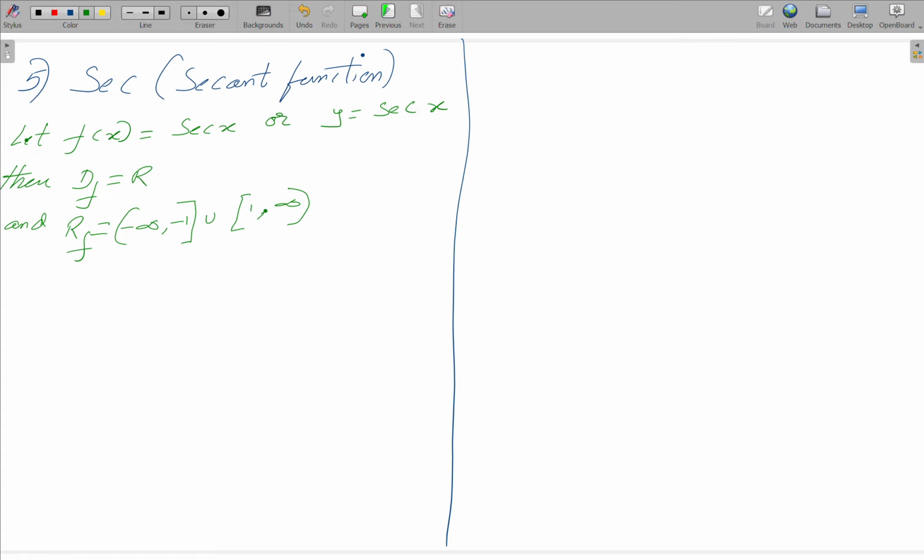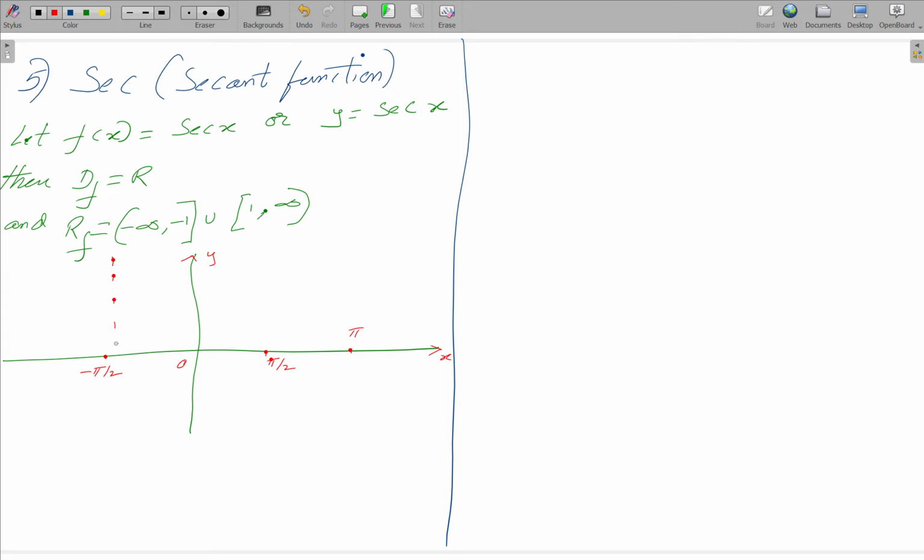Now putting the variables in the xy axis, we have 0, pi by 2, pi, minus pi by 2, this is y, this is x.